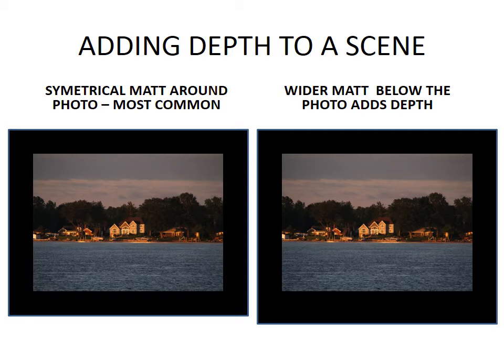The wider mat on the right, below the photo, adds depth because the vertical line is longer on the bottom part of the mat than on the picture on the left. You can almost see that you can walk into the picture on the right, whereas you cannot as much do that with the portrait on the left.